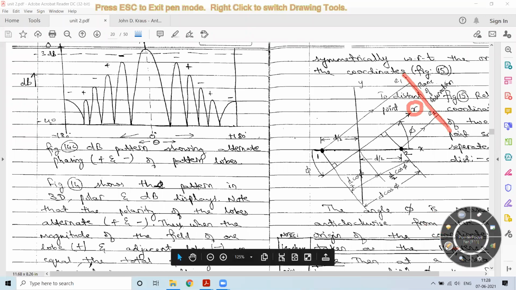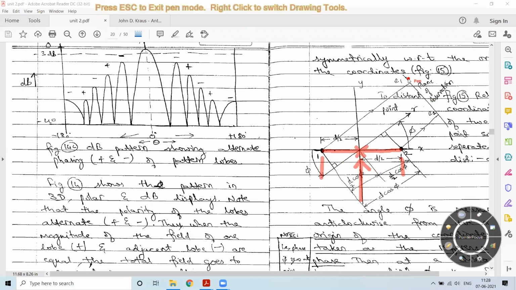When I'm considering this observation point, we are considering the midway between these two sources. The distance between these two is d. The midway is half of this distance. This we will consider as the reference point to measure the field at an observation plane.